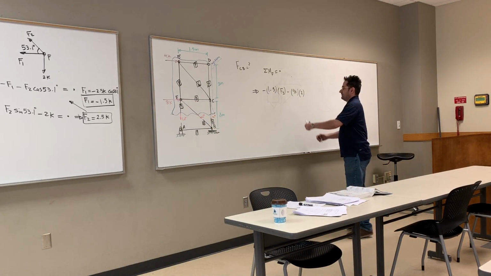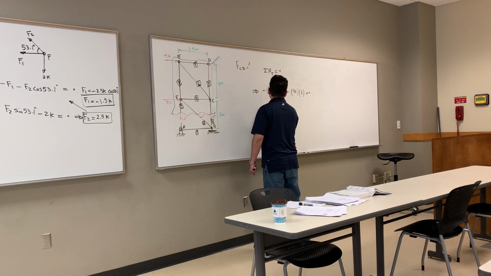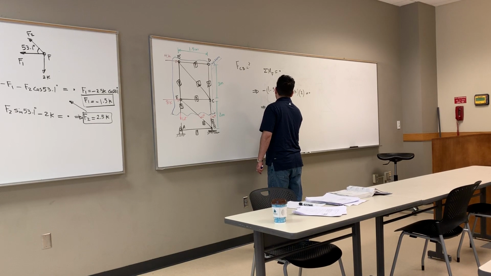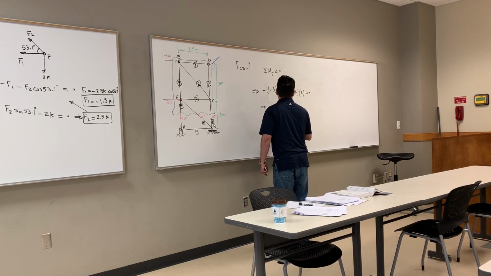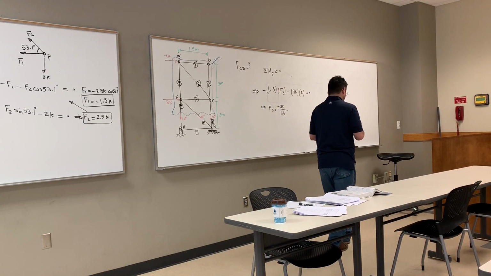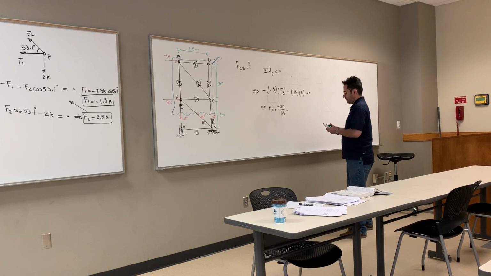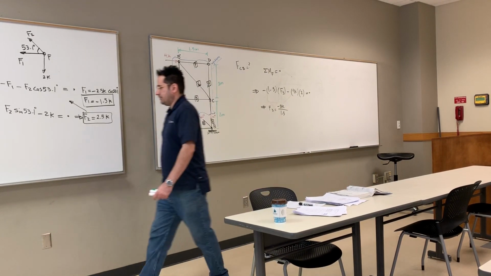So that's all I have, equal to 0. Solve for F3. F3 is equal to negative 8K divided by 1.5.